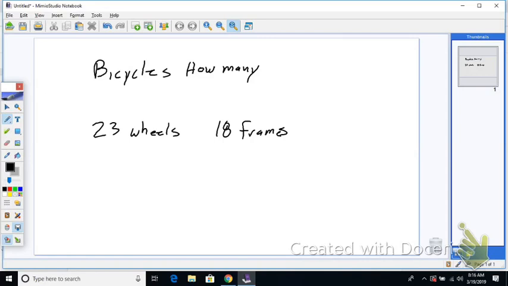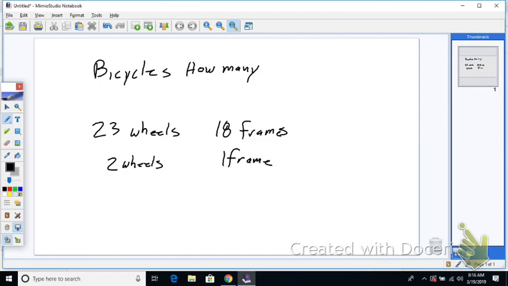How many bicycles can I make? 18. Oh, no. 11. Okay? So we know that you have to have 2 wheels for every bike, right? Half a bike. It's called a unicycle. Yeah. And you have 1 frame for every bike, right?